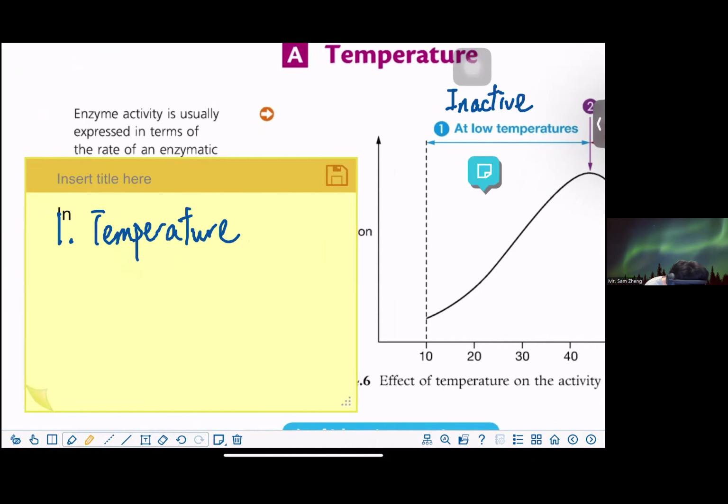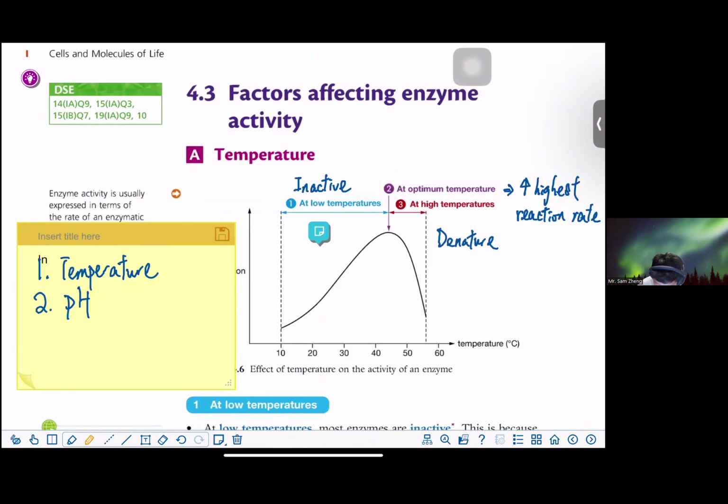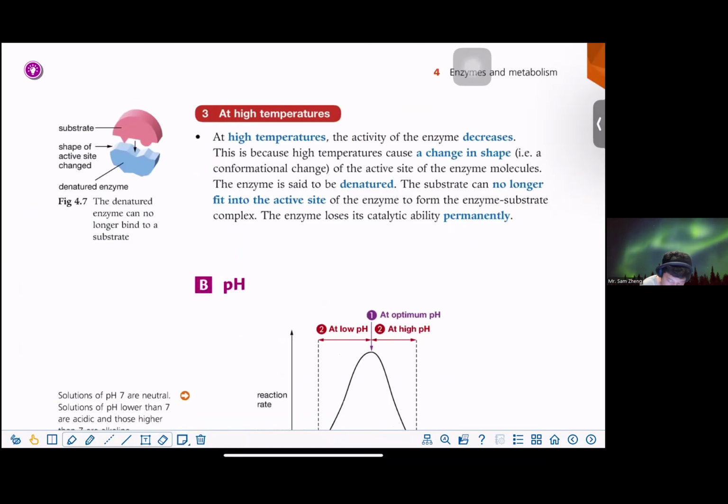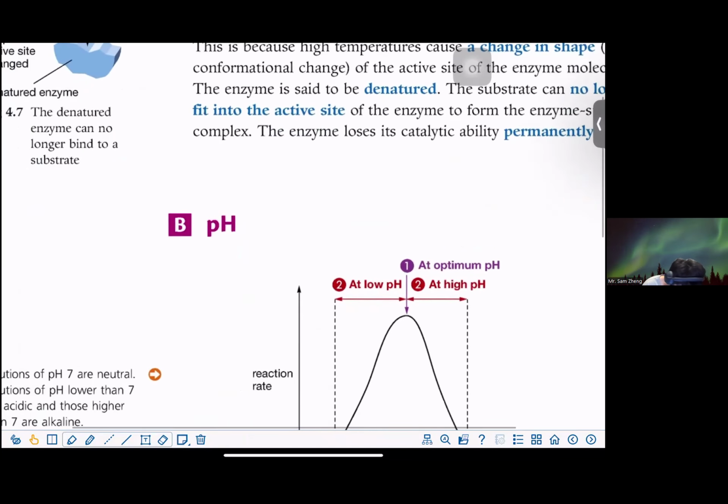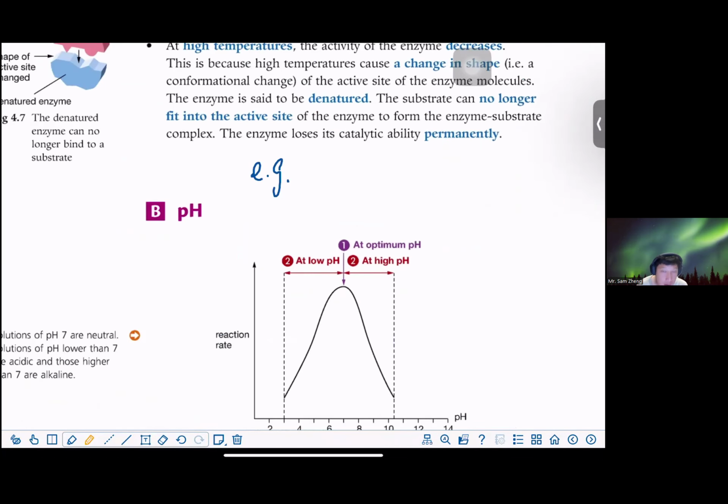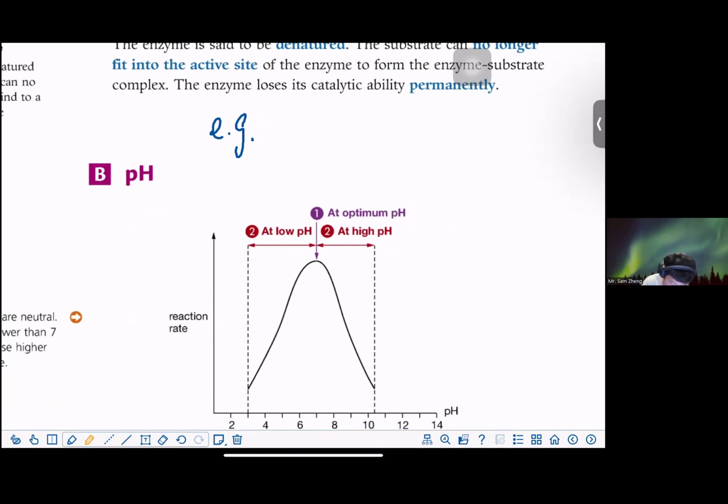Okay, so the second one would be the pH. You can think of it in this way. One example would be amylase. There are two types of amylase that you have learned, for example, the salivary amylase.